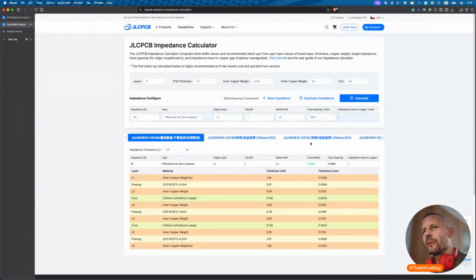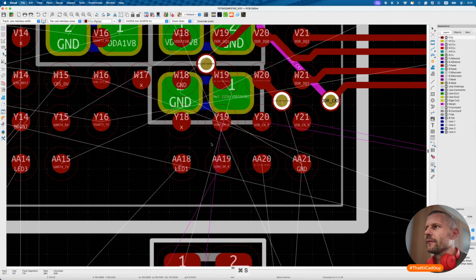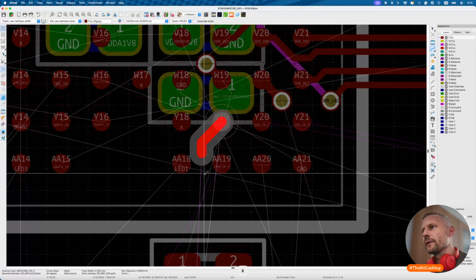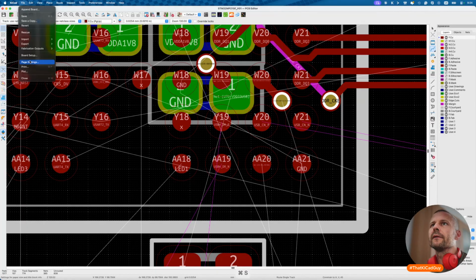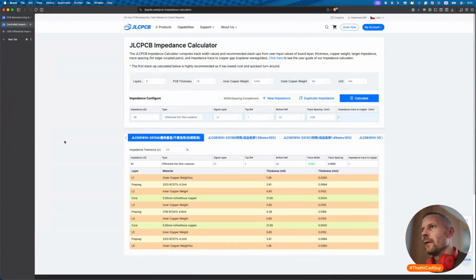So it means I can use the same numbers for 100 because, as we said, it would be 0.09 and 0.12. 0.12 is too wide. Let's check it, but I think I can't. Yeah, it's too wide. So it was 0.1, 0.1.